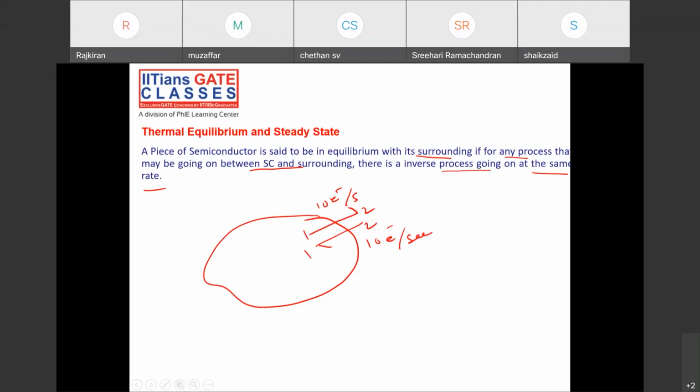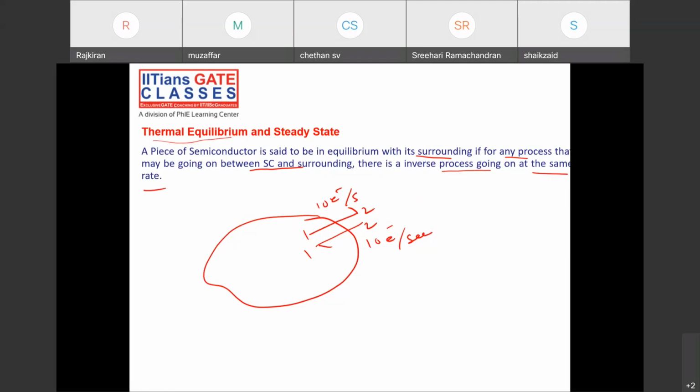So for every process, there is an inverse process. If a carrier is moving from 1 to 2, then definitely there should be a carrier moving from 2 to 1 at the same rate. That is called thermal equilibrium. Is it clear to all of you?